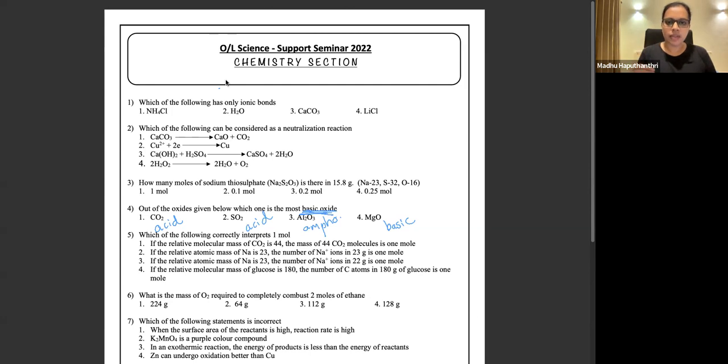When they are reacting with an acid, they are acting as a base. When they are reacting with a base, they are acting as an acid. So both acidic and basic properties are there. So magnesium oxide is just basic. So we'll take the answer as magnesium oxide. That is simply a theory-based question.